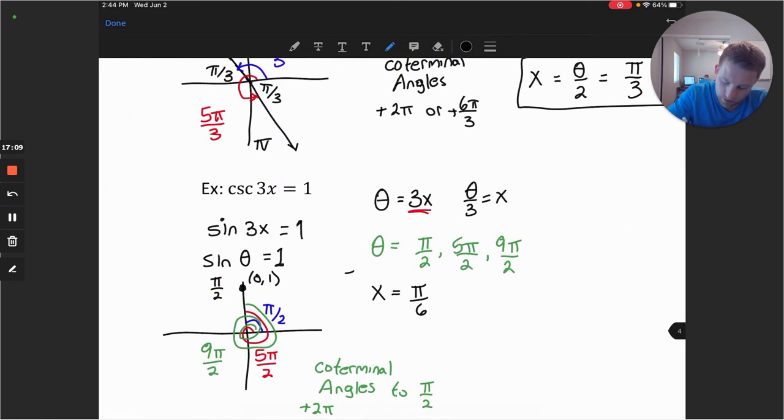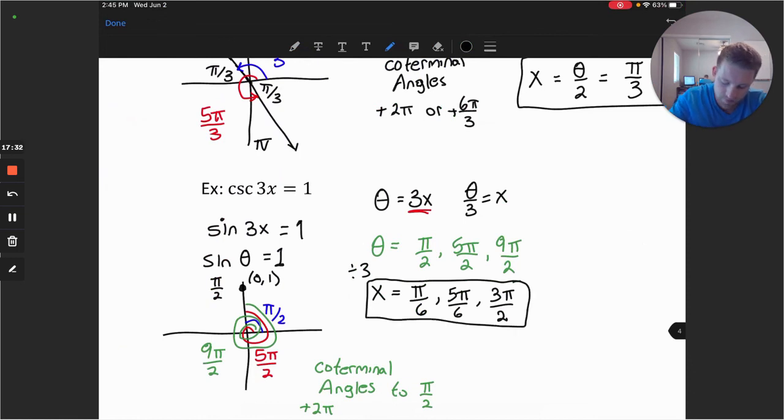Again, we're just dividing each of these by 3. We have 5 pi over 6. And then the final one would be 3 pi over 2. Each of these are valid solutions for x.